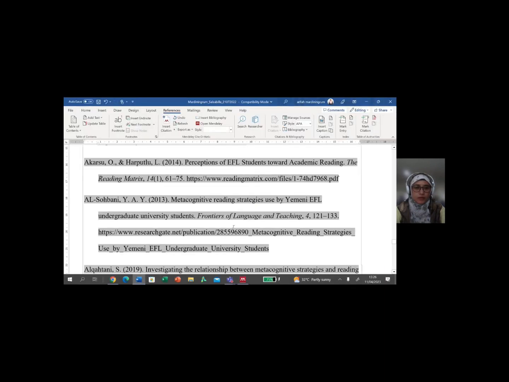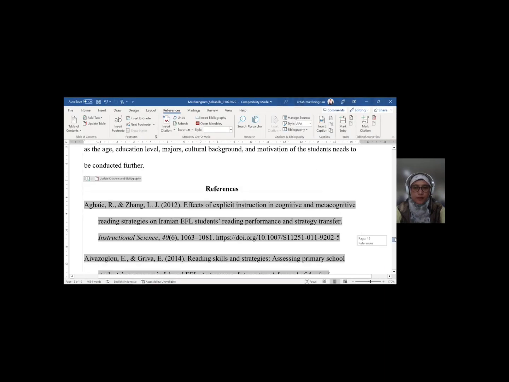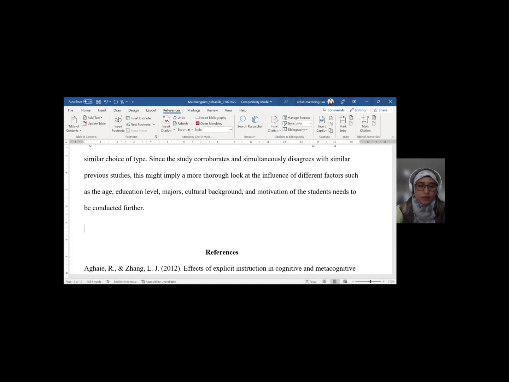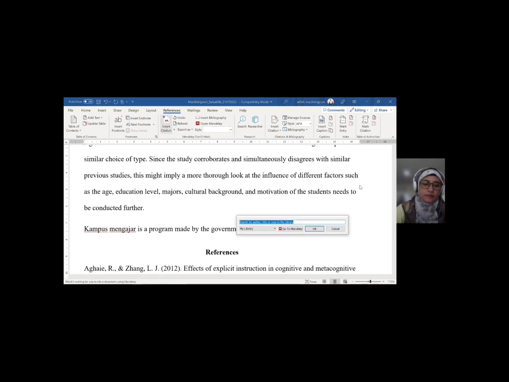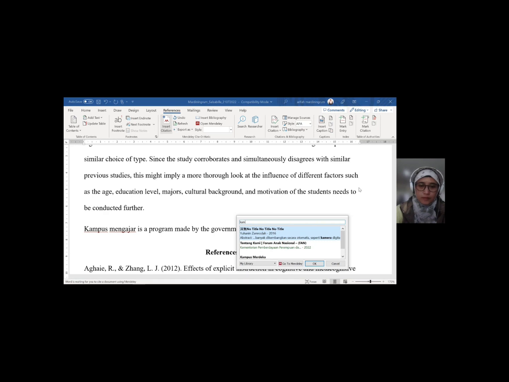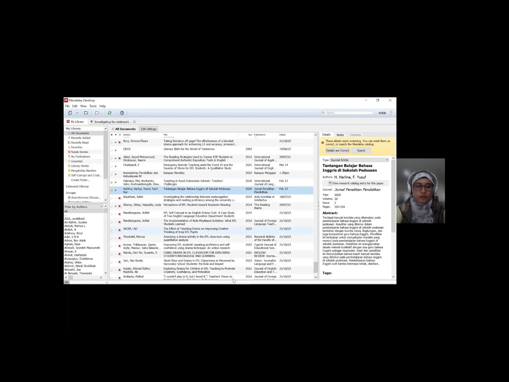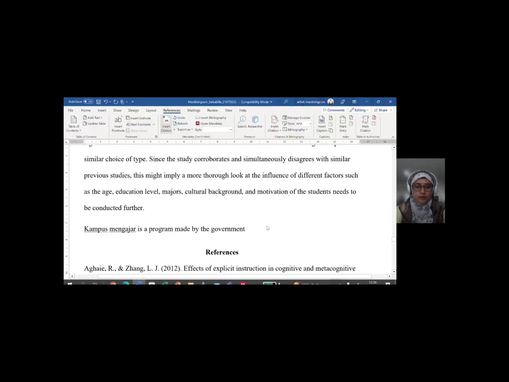Okay, let's take a look at what happens if we update that. Let's say I want to say Kampus Mengajar is a program made by the government. Insert citation. Merdeka.